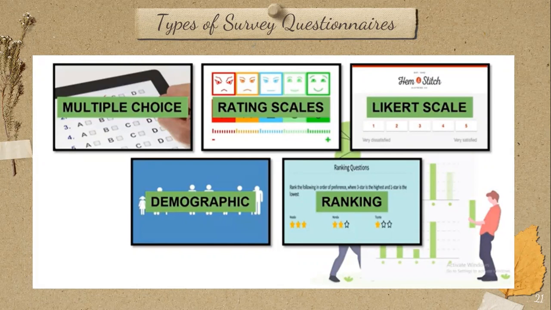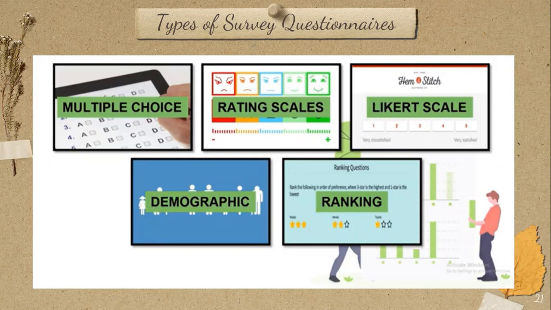And we have also demographic. These are questions that pertain to the respondent's basic information like the gender, age, social status, income level, occupation, and such. We have also ranking.